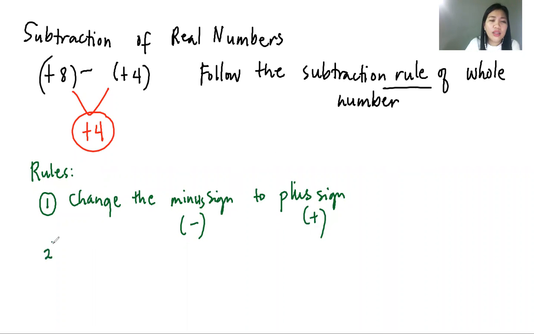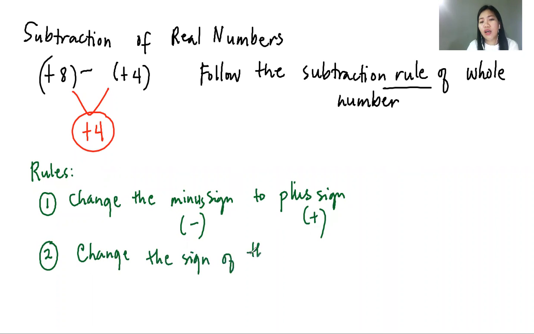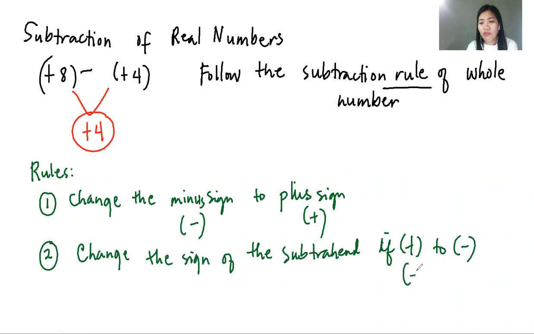The second rule is change the sign of the subtrahend. In what way? If positive to negative, if negative to positive.